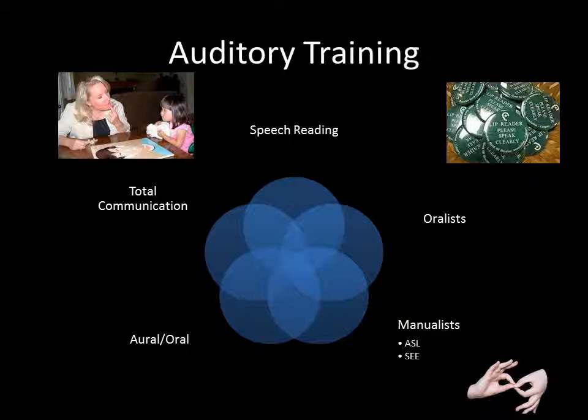In oral communication, this oral approach emphasizes auditory training, speech reading, and written prompts to encourage the development of speech and language skills. The key to success in oral programs is consistency of practice.